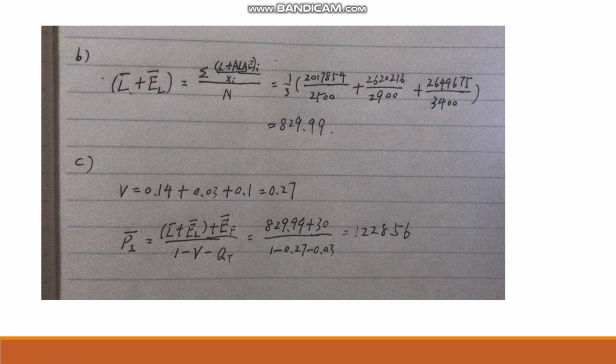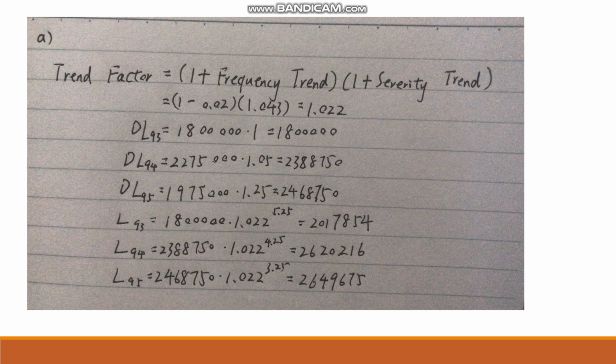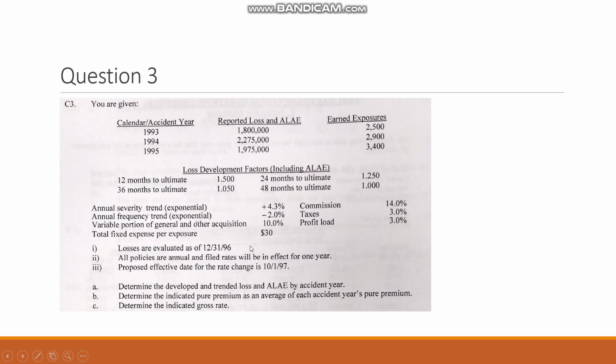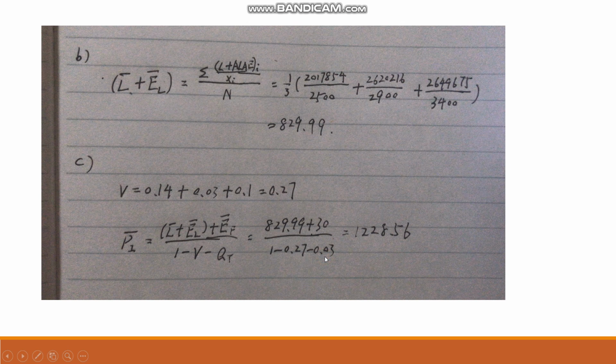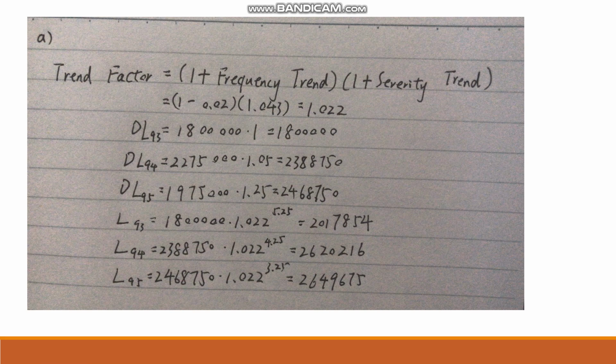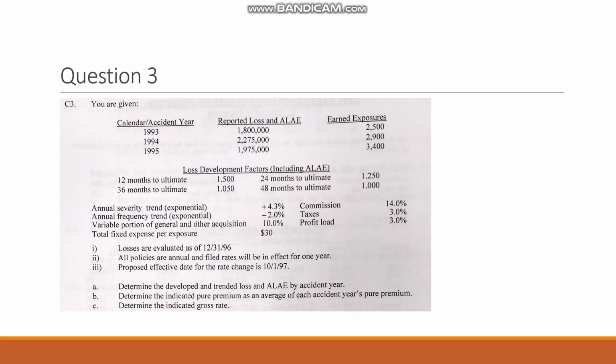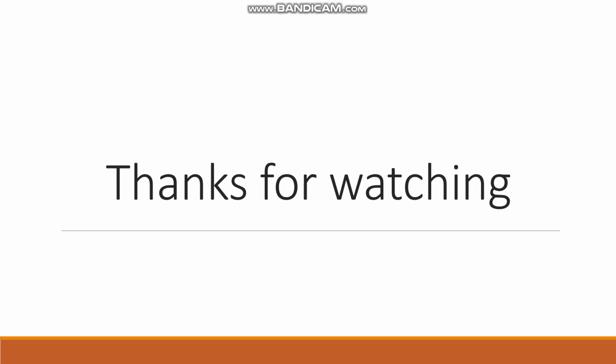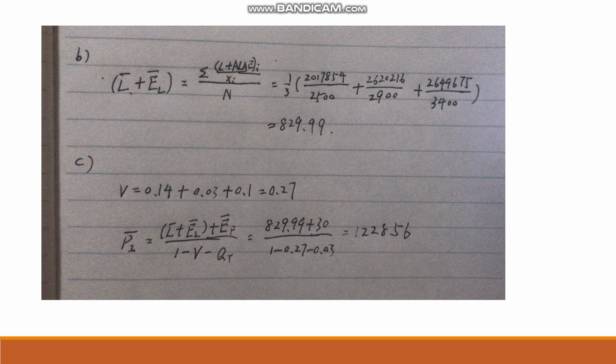Don't forget to add it. And also we need to calculate the loss ratio there. So first we calculate the V from the 3 rates, which is 0.27, and the QT is 3%. So we can calculate the result, which is 1,228.56.